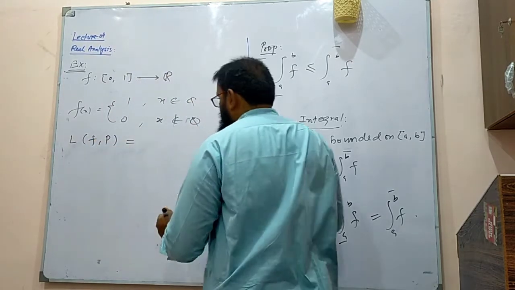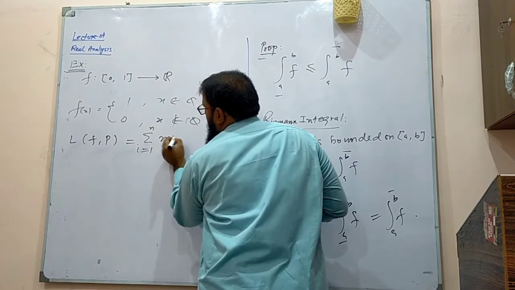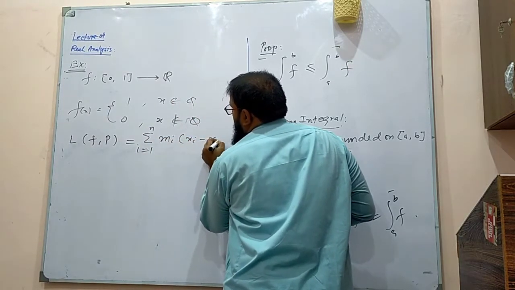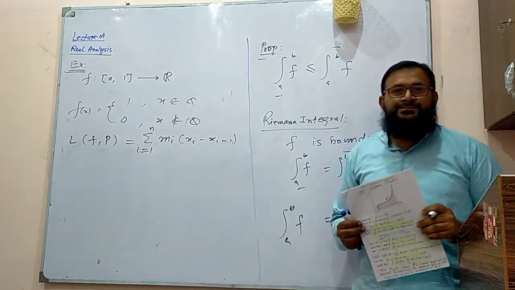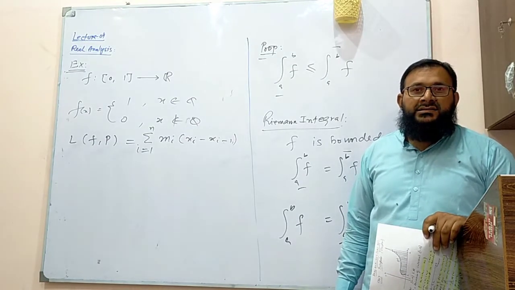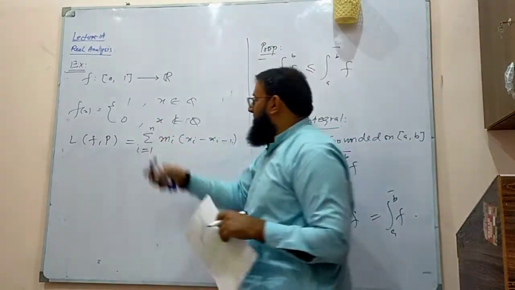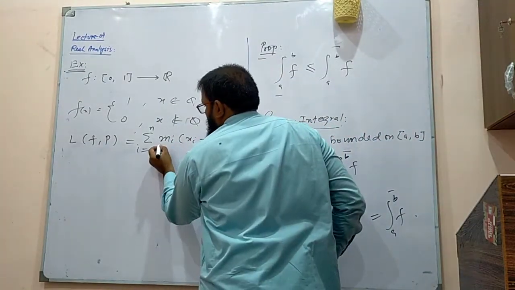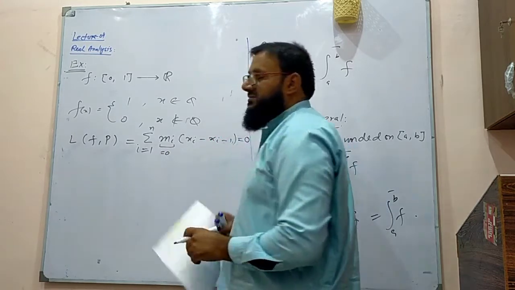What is the lower sum? The lower sum is the sum for i equals 1 to n of m_i times (x_i minus x_{i-1}). It means you choose some interval, and within that interval you have to find the infimum. So what is the infimum of this function? That is going to be 0. It means the lower sum is 0.